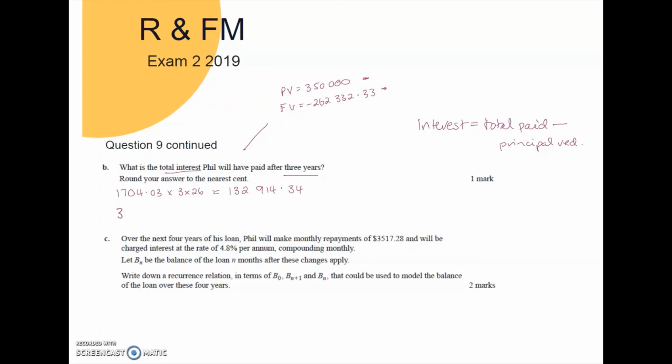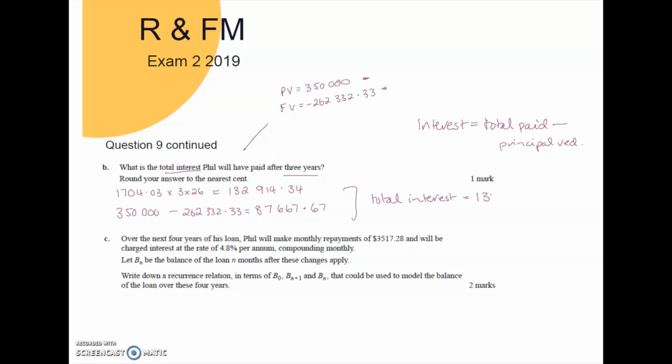So let's do 350,000 minus 262,332.33, and we get $87,667.67.